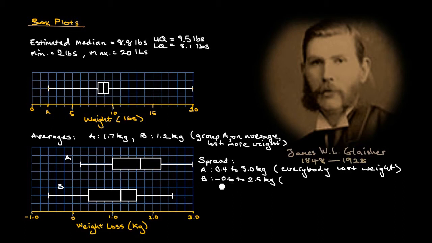Now a negative weight loss must be a positive weight gain. So some people gained weight and some people lost. So there's an interesting comparison between group A and group B in terms of the spread.